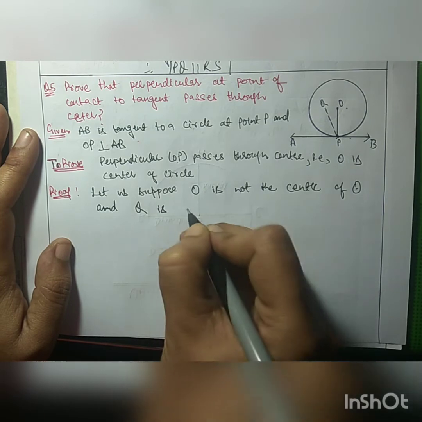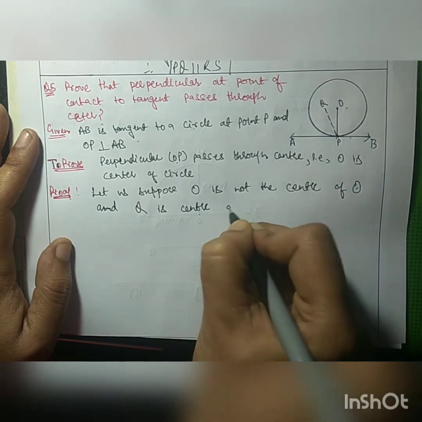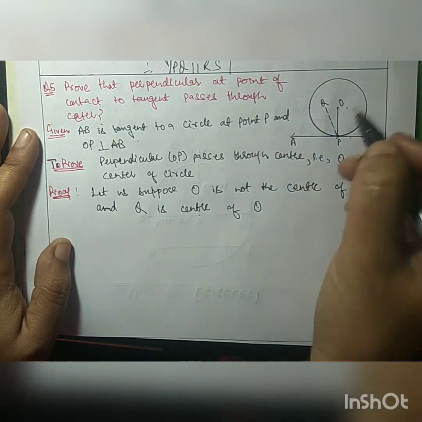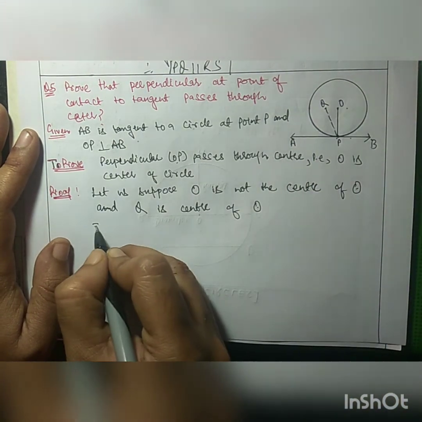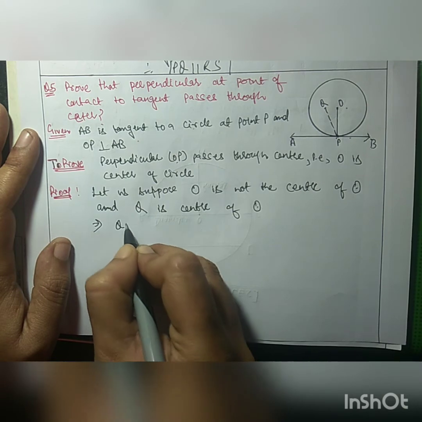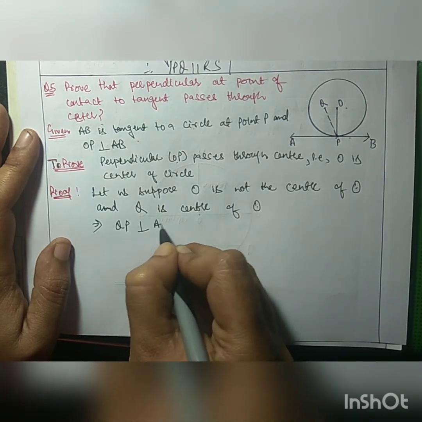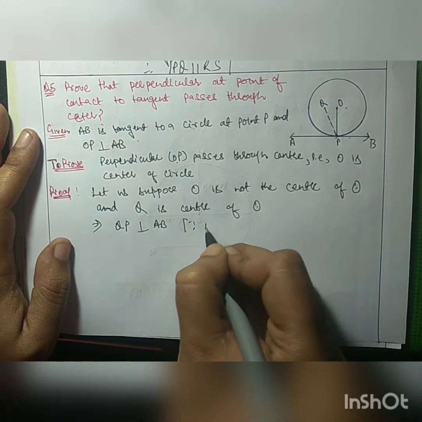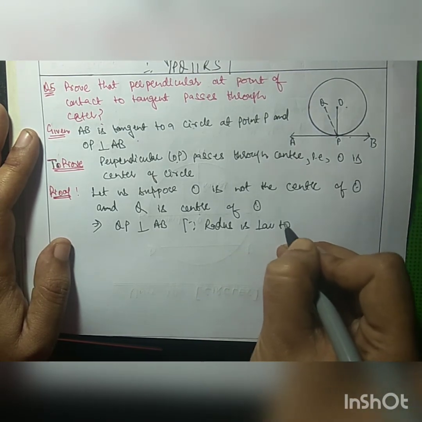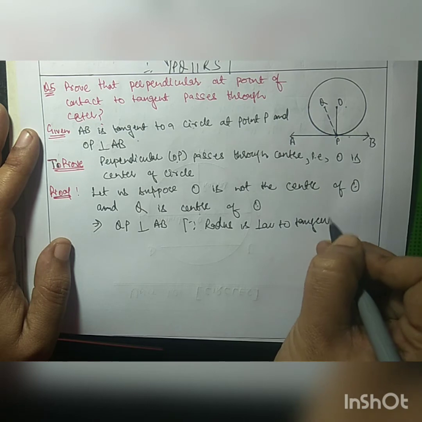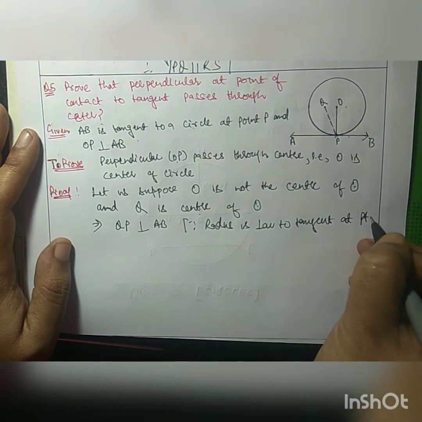Let the center be Q, and Q is the center of the circle. We have taken Q as the center of the circle instead of O. It gives QP is perpendicular to AB because radius is perpendicular to tangent at point of contact.